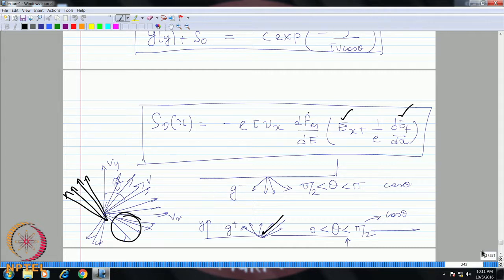We have to split the distribution function into two components, one going in the positive y direction, the other going in the negative y direction, so that we can apply the two boundary conditions at y equal to 0 and y equal to d and find out the constants.